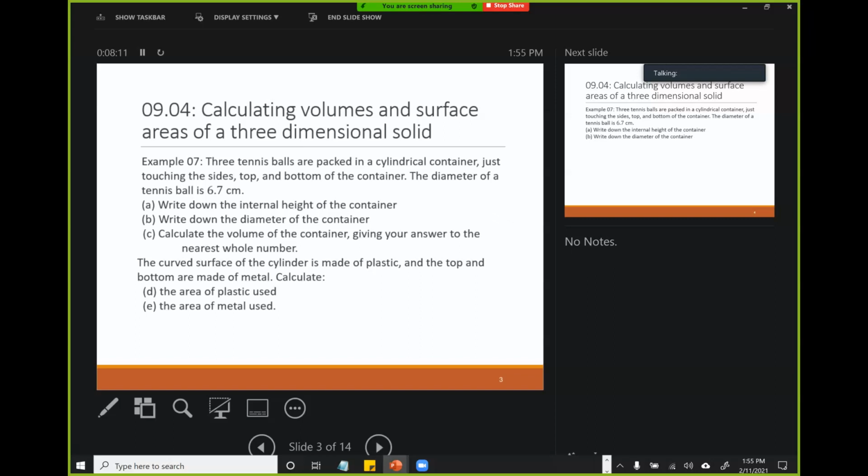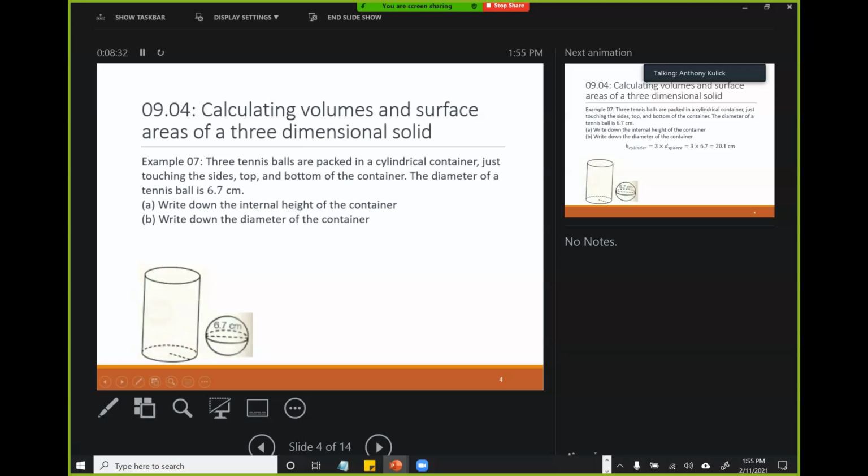The curved surface of the cylinder is made of plastic, and the top and bottom are made of metal. Calculate the area of plastic used and the area of metal used. Everybody ready to go? Okay.